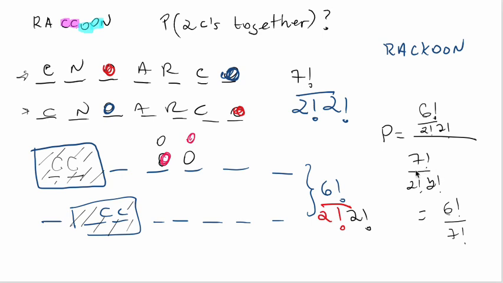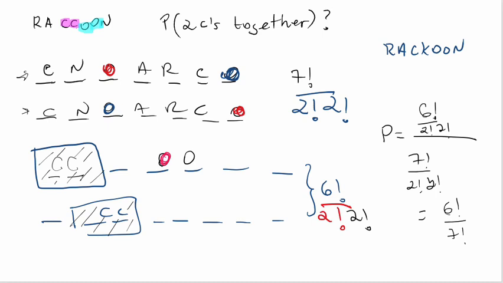Now, here's where the magic happens, and I just had an oops moment here. What happens is, the situations that interest me are when 2 C's are together.